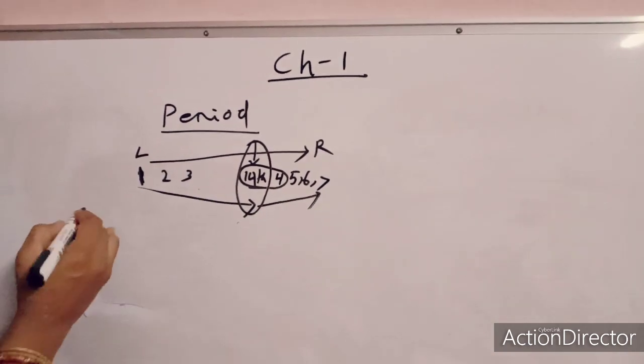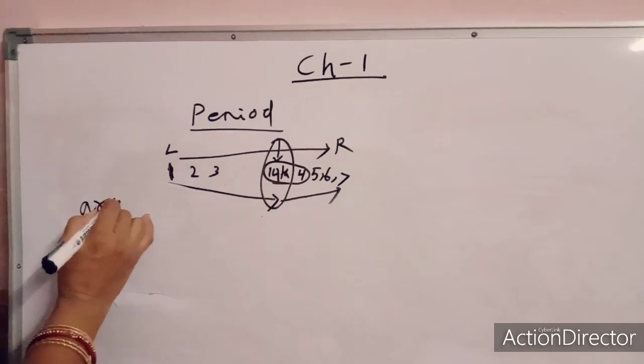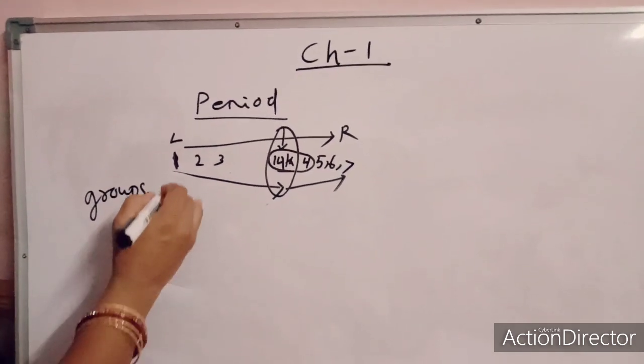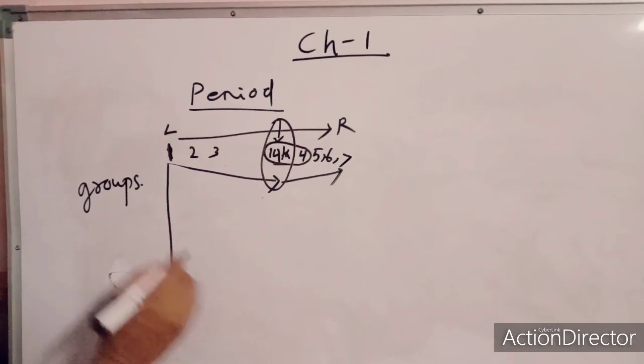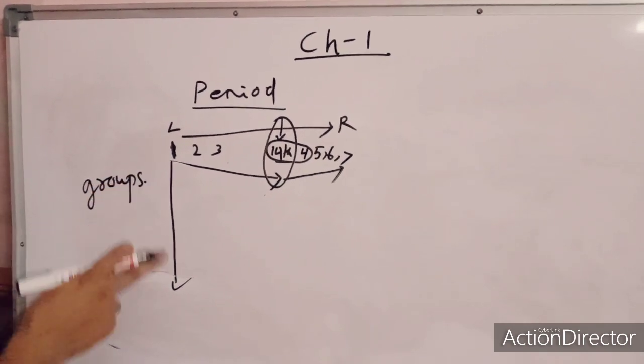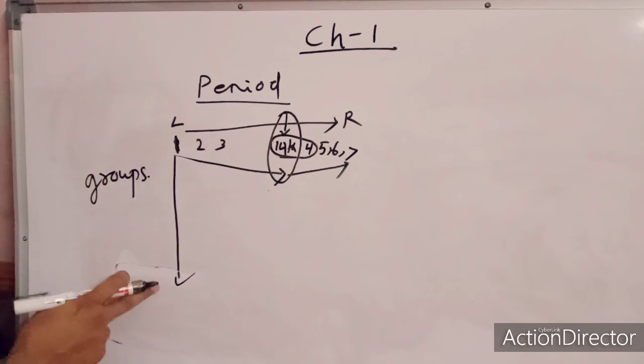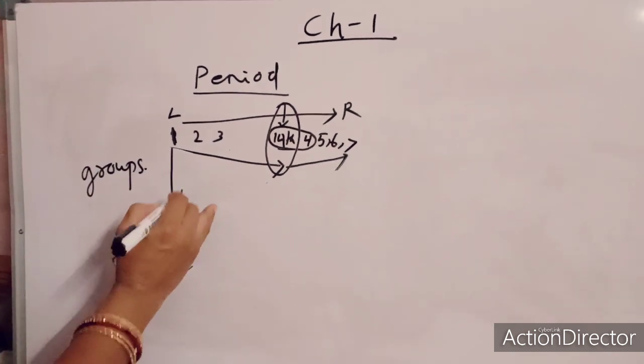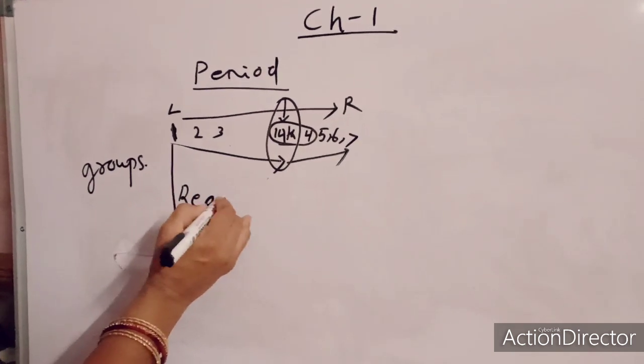Understood? Then what about the groups? When you are going down the group on the left side, the metallic side, the tendency to lose electrons increases, which means reactivity increases.